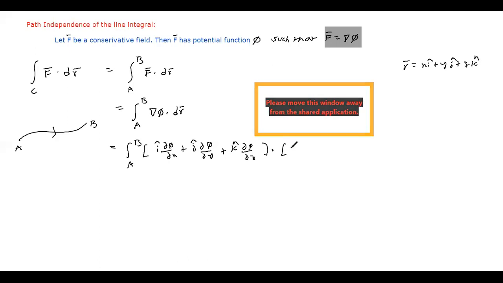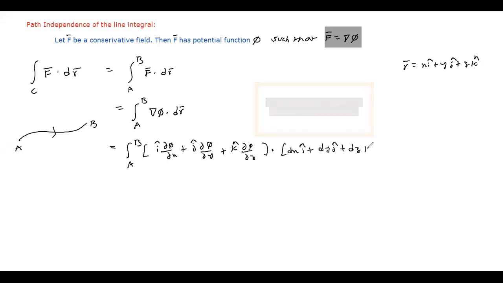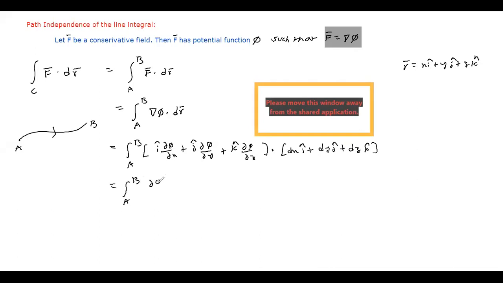Then dr bar will be dx i bar plus dy j bar plus dz k bar. Then what is the dot product of these two? Component wise multiplication: dou phi by dou x into dx, plus dou phi by dou y into dy, plus dou phi by dou z into dz.